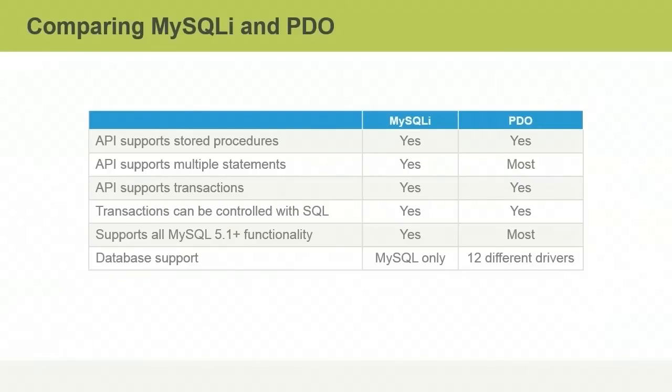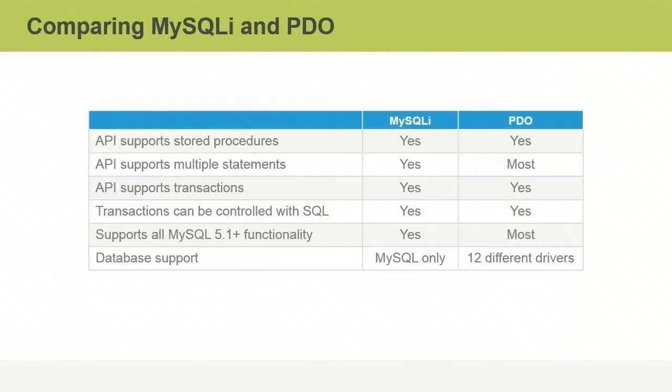API supports transactions, yes for MySQLi and yes for PDO as well. Transactions can be controlled with SQL, yes for both. Supports all MySQL 5.1 plus functionality, yes for MySQLi, and most of the functionality is supported by PDO as well.